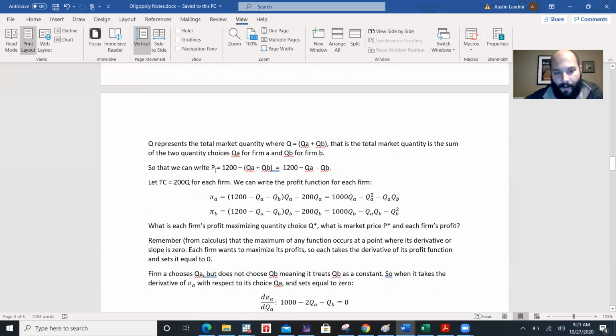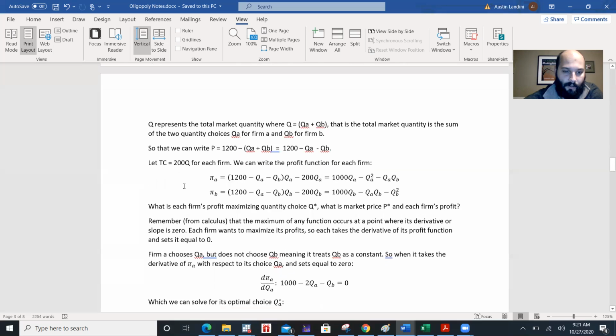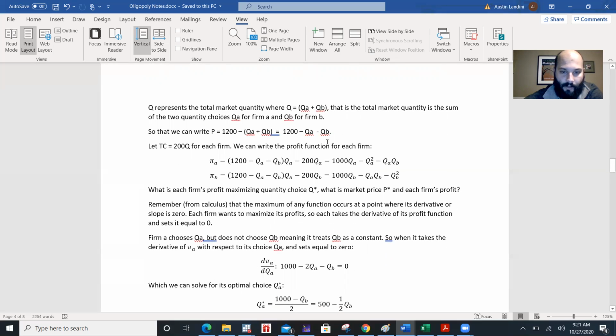So we can write market demand as 1200 minus QA plus QB, distributing the negative: 1200 minus QA minus QB. Let's pick an easy total cost function, 200Q, so that we can write the profit for each firm: total revenue minus total cost, or PQ minus total cost.